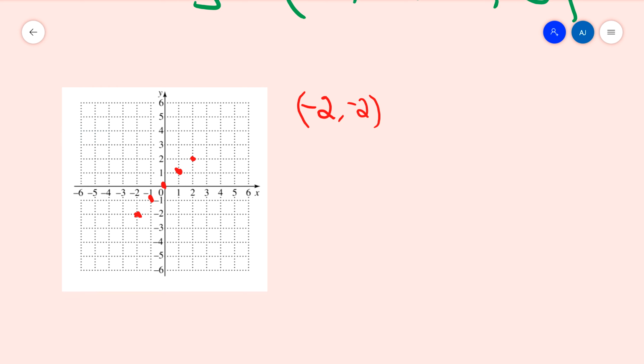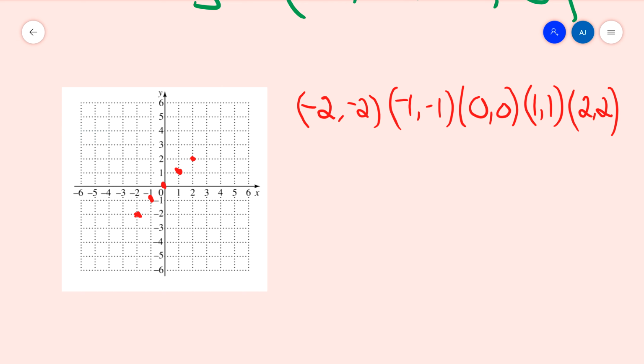This dot here is -1, -1. This dot with a 0 is simply 0, 0. What else have I got? 1, 1. And the last one there is 2, 2.